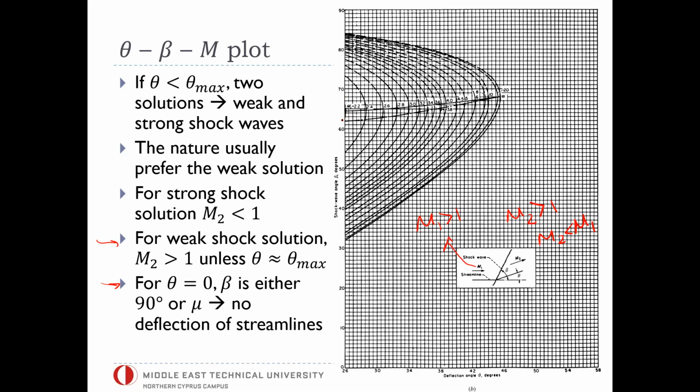But instead, you can achieve the same deceleration with a series of many but weaker shock waves, most of them oblique shock waves, and one terminal normal shock wave. Then that would generate in total much less stagnation pressure loss.